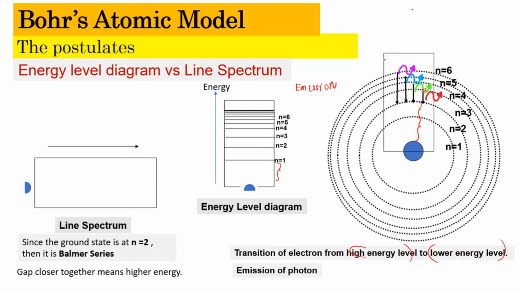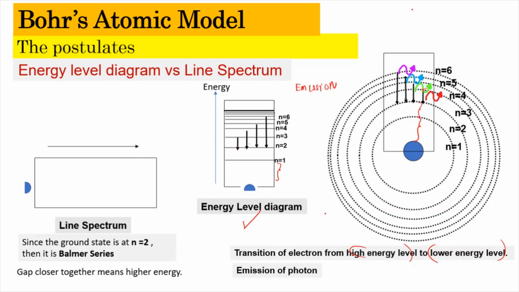So basically, we're only going to focus on this part here. You can always draw this again in terms of the energy level diagram. So 3 into 2, one transition, 4 into 2, another transition, 5 into 2, another transition, and 6 into 2, another transition.